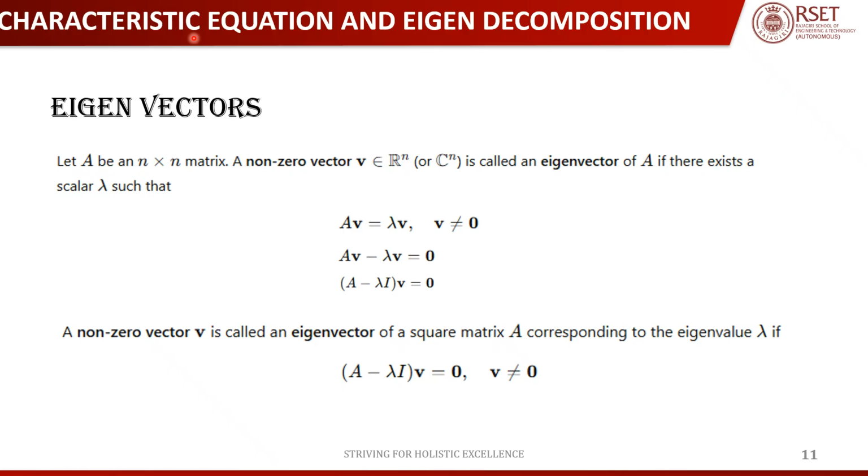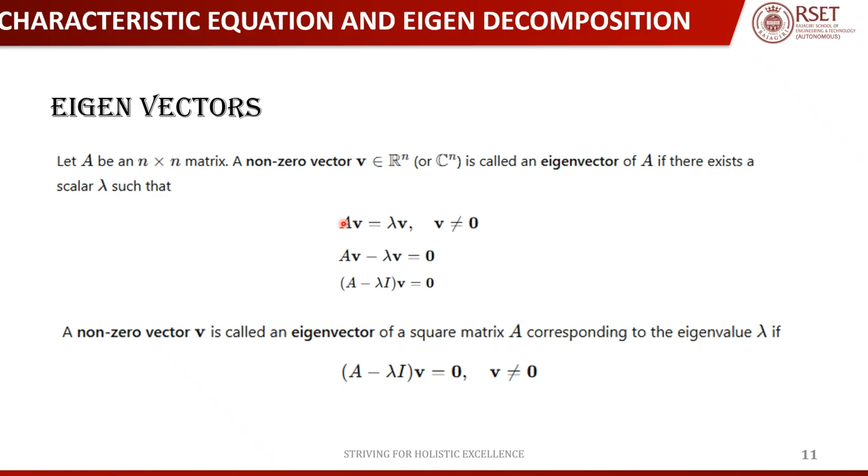Coming to the definition, let A be an n by n matrix. Then a non-zero vector v, which is a component either of Rn or of Cn, is called an eigenvector of the given matrix A if there exists a scalar lambda such that Av is equal to lambda v, provided v not equal to 0.